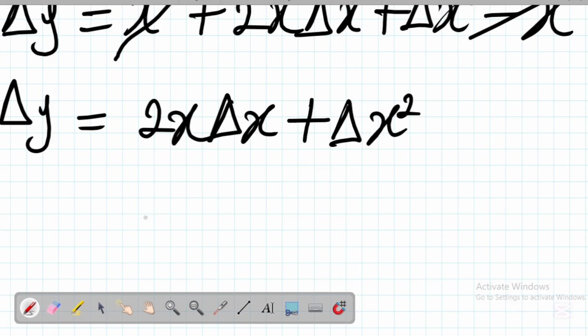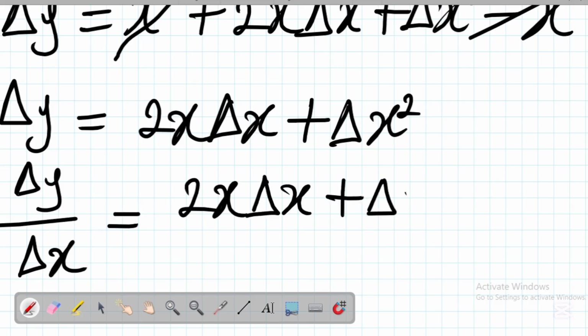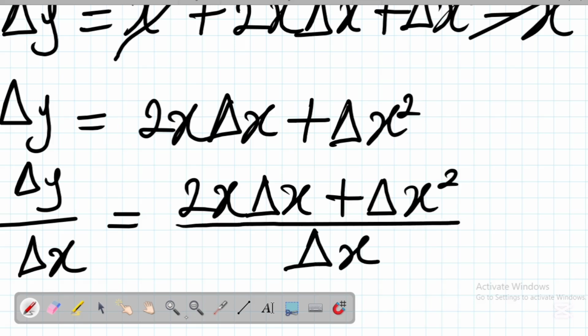Our next task is to divide through by change in x. So if we divide both sides by change in x, we would have change in y all over change in x equals (2x change in x plus change in x squared) all over change in x.